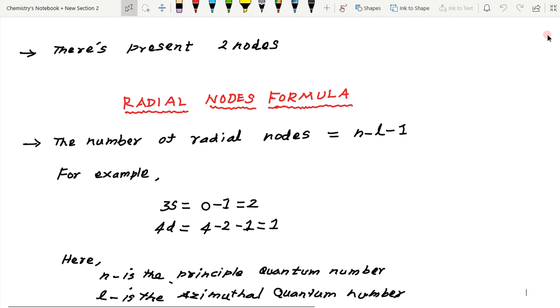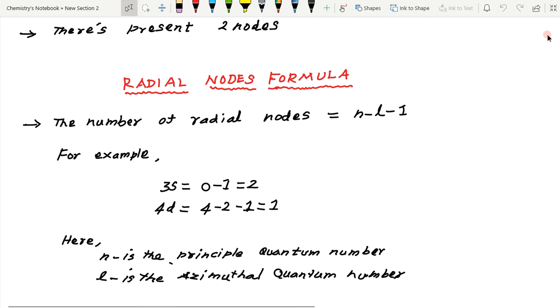Next topic, radial nodes formula. What is the radial nodes formula? The number of radial nodes equals n minus l minus 1. This is the formula for radial nodes.